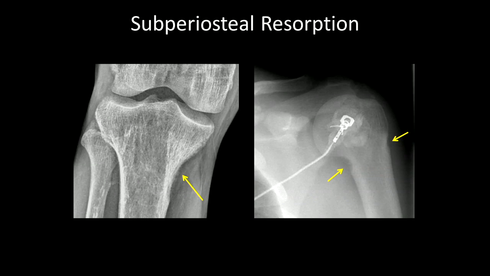Another classic location for subperiosteal bone resorption is along the medial metaphysis of the tibia, as is shown on the image on the left. A less common location is the location in the proximal humerus, shown on the right.